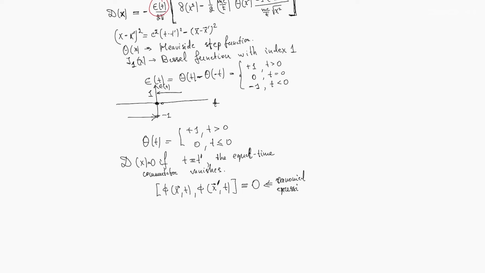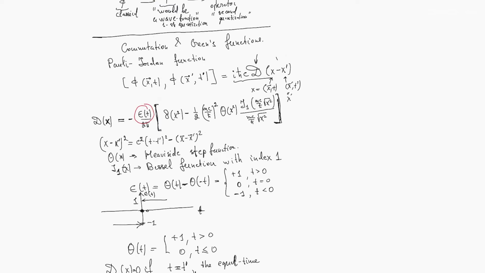The second feature is that, according to this answer, the commutator of two local fields vanishes if their space-time points are separated by a space-like interval.